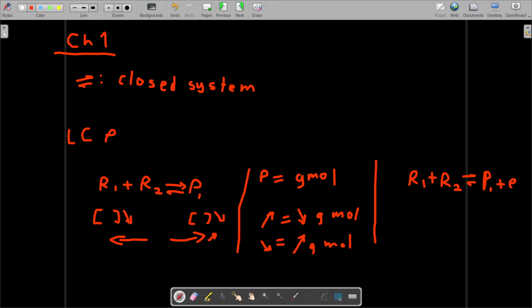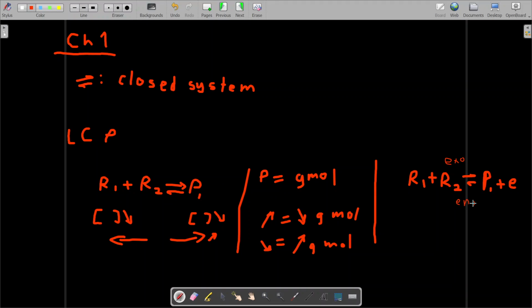I'm going to write it as E. So if this side has the energy, you know that this side is exo. And if this side is exo and this one is going back, this one must be endo.